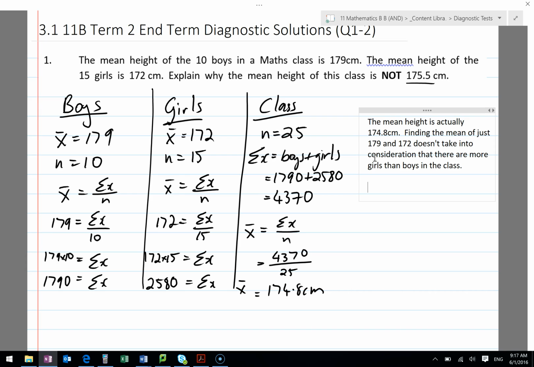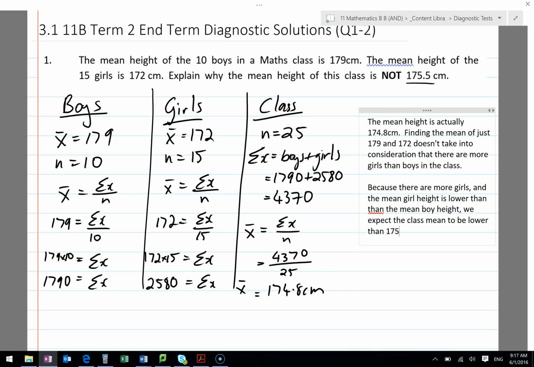And we can make another comment and say that because there's more girls, we expect it to be lower than 175. There are more girls, and the mean girl height is lower than the mean boy height. We expect the class mean to be lower than 175.5.